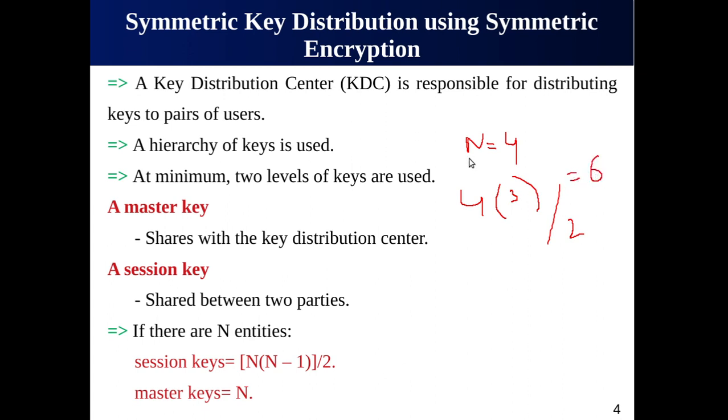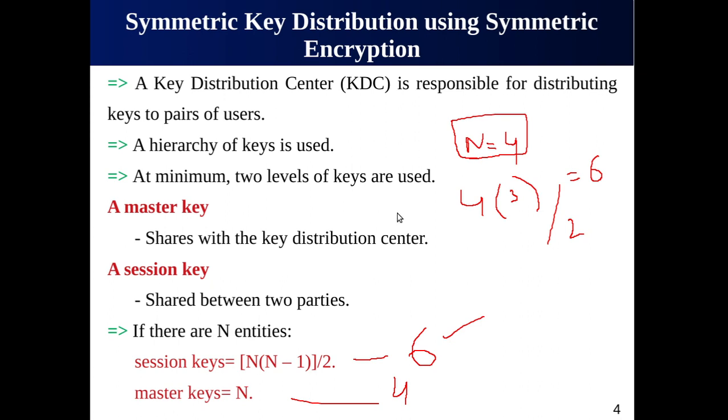So if the total number of communicating parties is 4, then the total number of session keys is going to be 6, while the total number of master keys is going to be 4. Why? Because everybody needs a master key with the KDC. So we have 4 parties, we need 4 master keys, while everybody needs a unique session key to communicate with the other party. So in that case, we would need a total of 6 session keys.